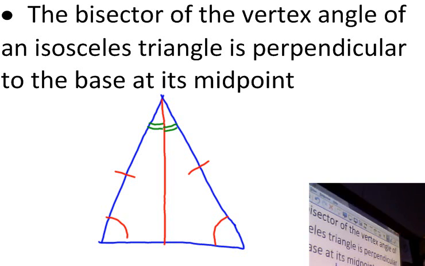Well, I think you're all right, because you could go angle, side, angle, or you could go side, angle, side. Either way, you've got congruent triangles, and then with those congruent triangles, you've got this triangle congruent to this triangle, which means you've got this side congruent to this side.